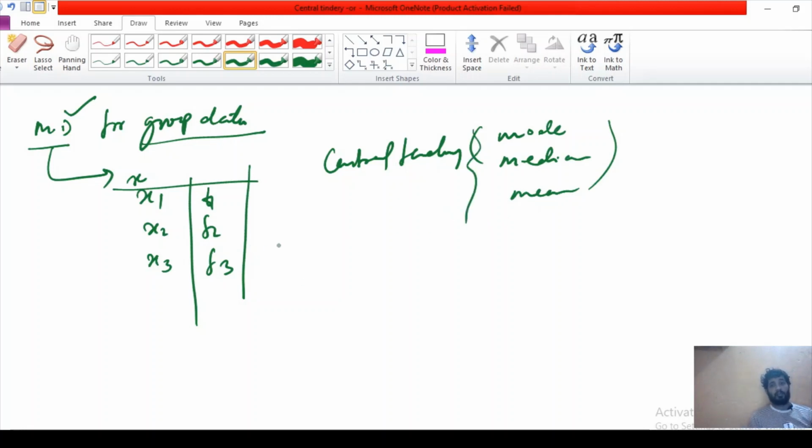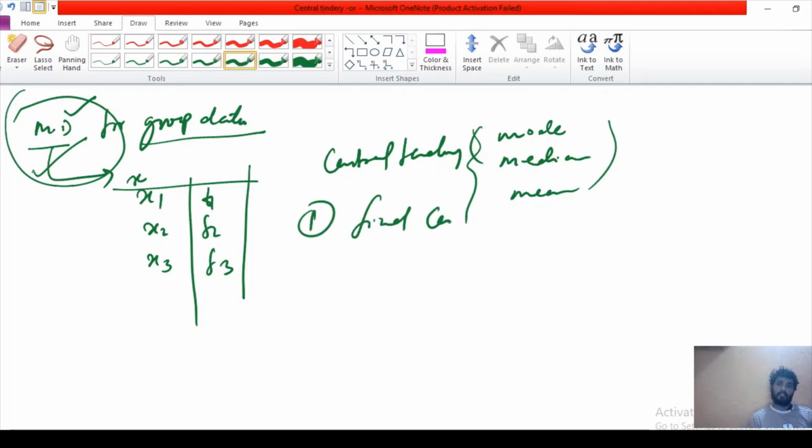After this, we have to find the deviations, absolute values. The sum of the absolute values divided by the number of observations is our mean deviation. Basically, the first step is to find the central tendency.